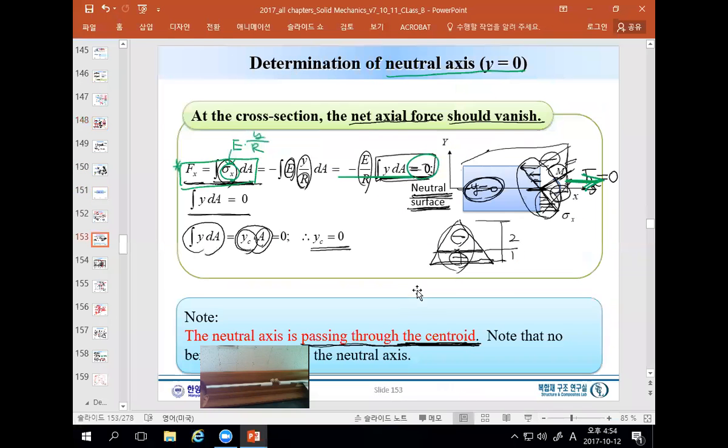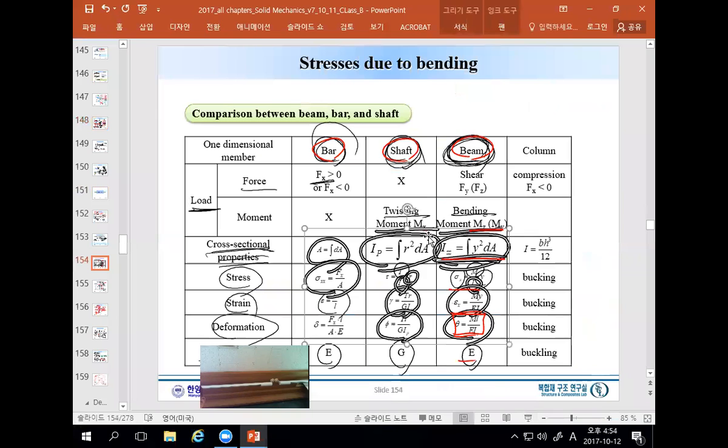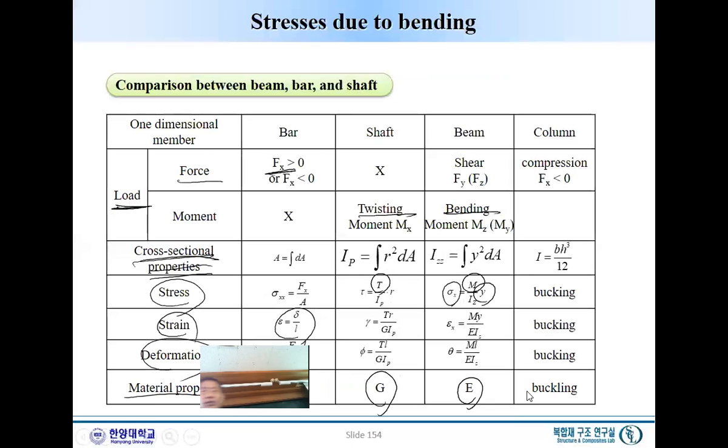And I will summarize here. Summarize the bar, the shaft, and the beam.